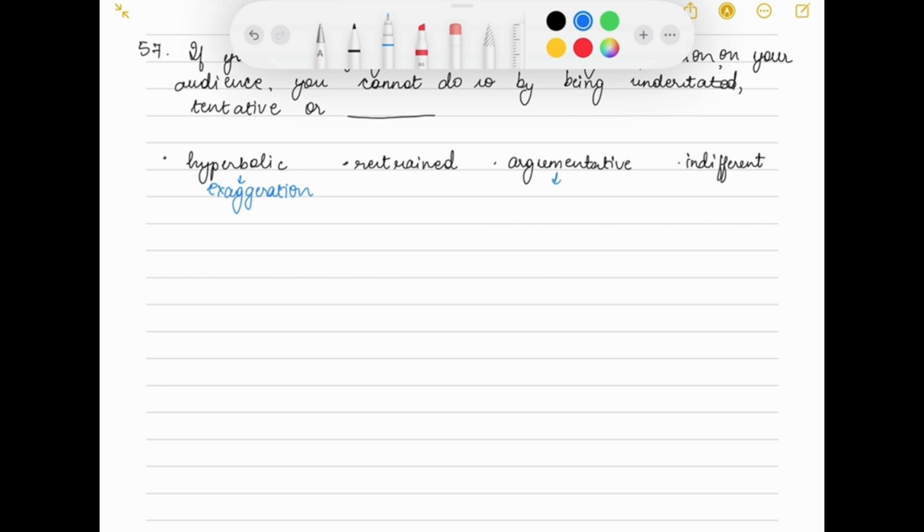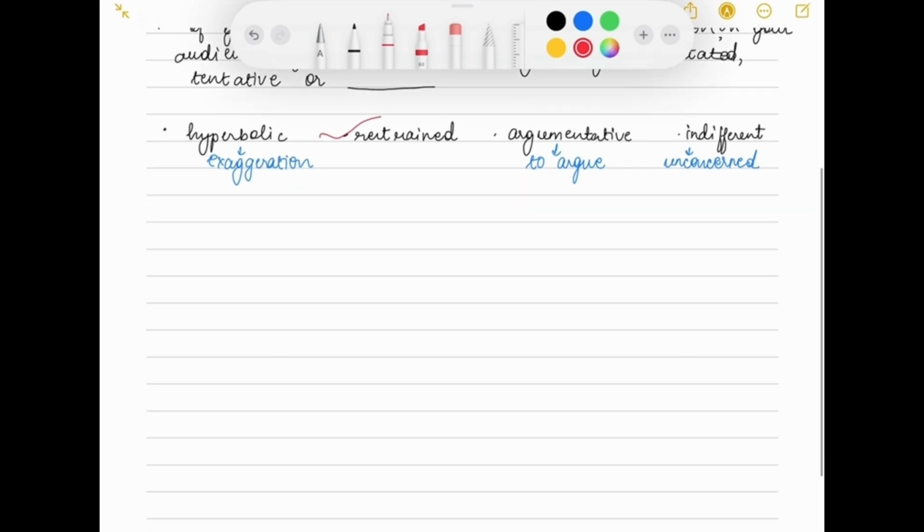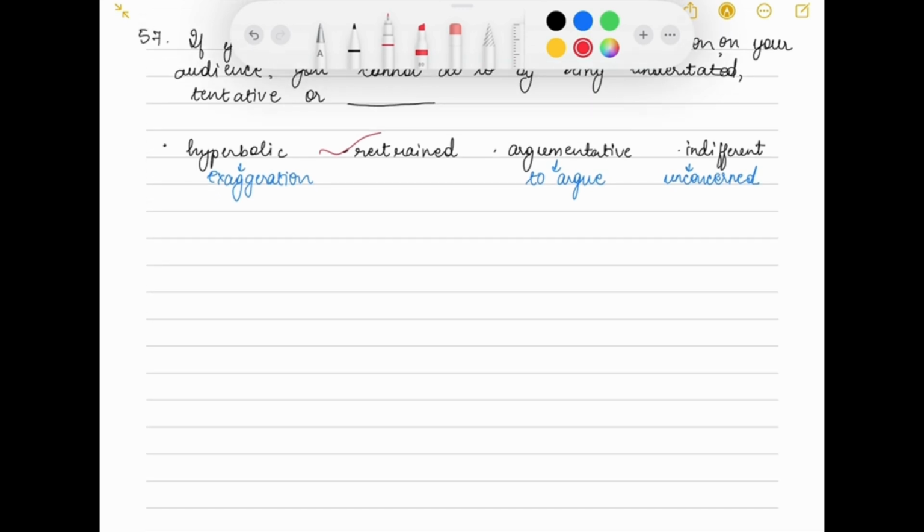Argumentative is to argue all the time, or to not listen to anyone else when they put forth their opinion. And indifferent basically means unconcerned. So for this, the best option will be restrained: you cannot do so by being restrained. You have to let yourself be free.